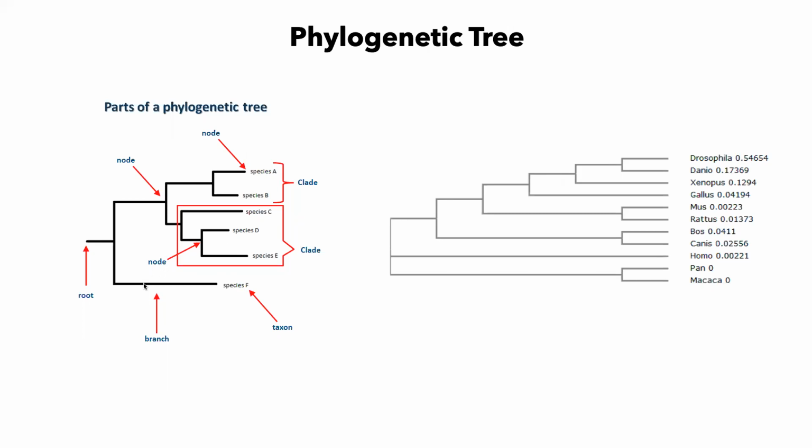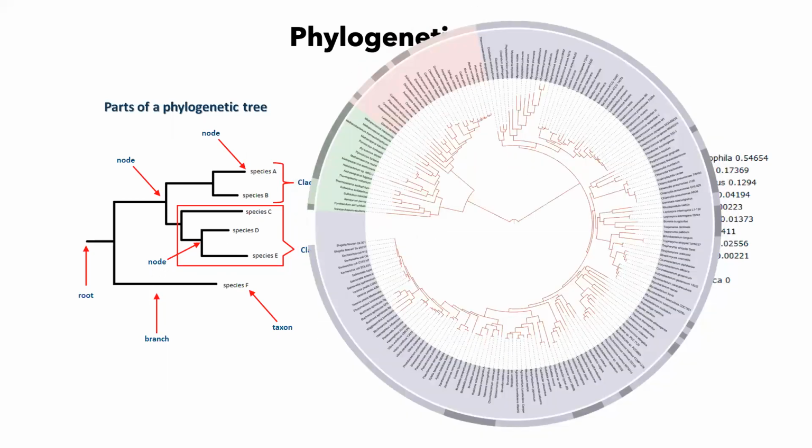So we can link evolutionary time with real time. Sometimes the shape of these trees is presented in different formats. For example, this is a radial phylogenetic tree, but it has the exact same information, just organized in such a way that we can more easily see the whole structure at the same time.